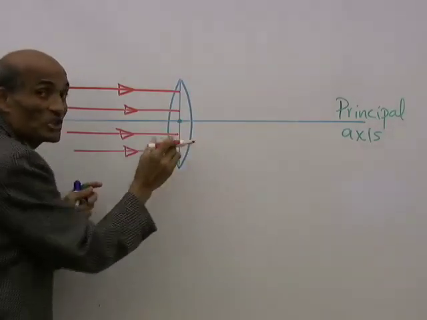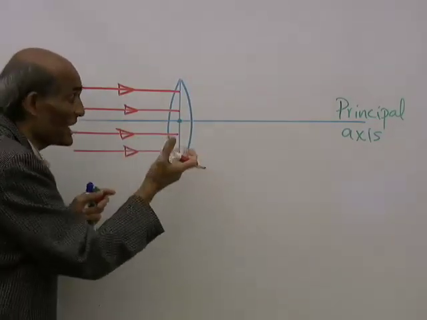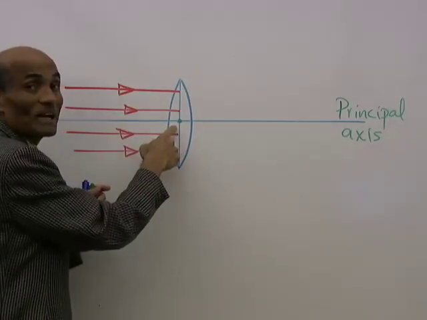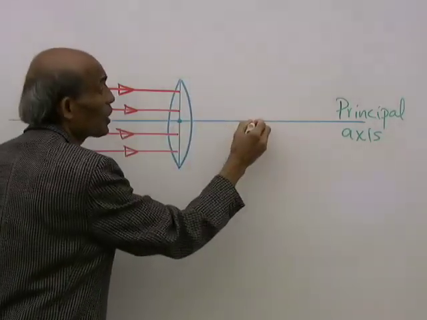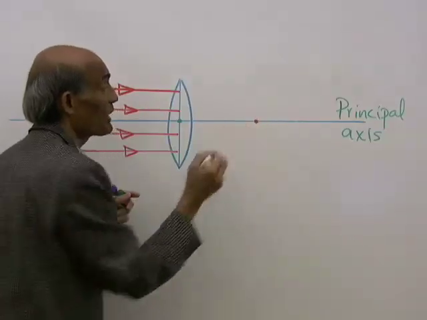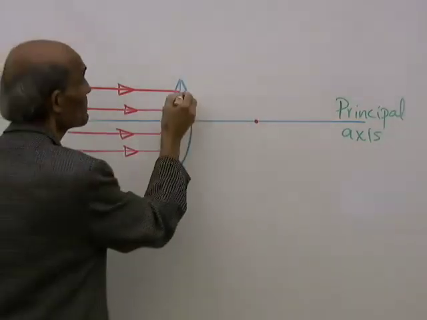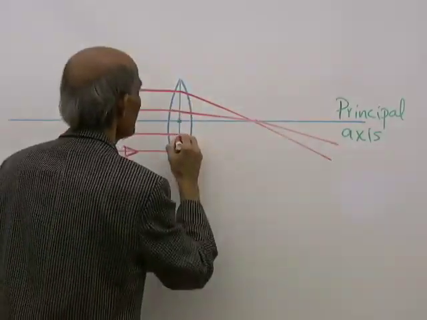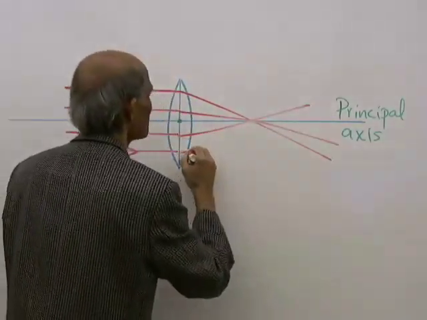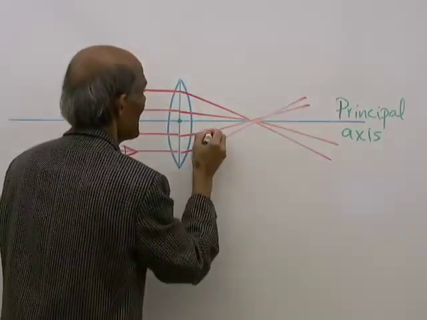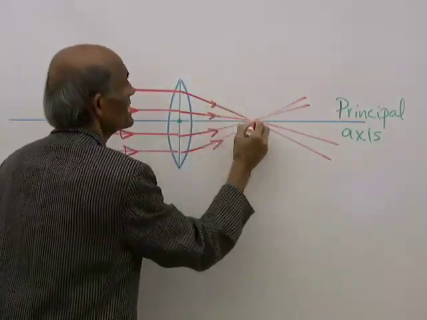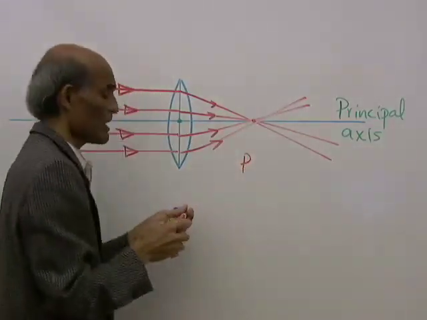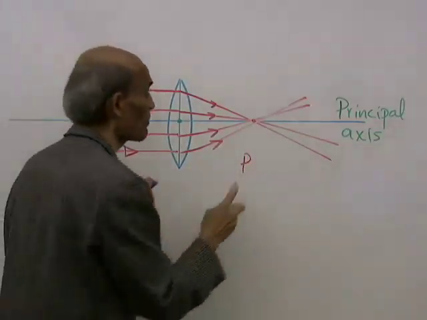Remember, this lens is a converging lens, a convex lens. So after passing through the lens, they will all converge to a point on the other side of the lens. Each of these rays will pass through that point. And this point is called the principal focus of the lens, the principal focus.